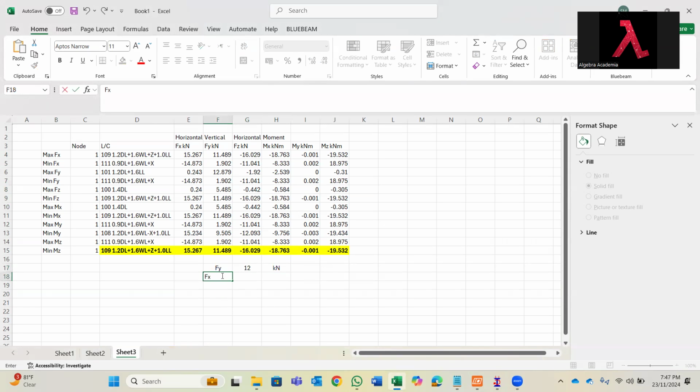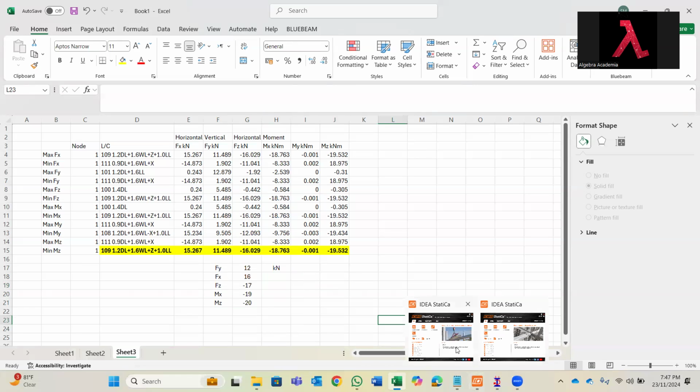Then Fx 16, Fz minus 17, max minus 19, Mz is what? Minus 20. Okay, minus 20. And going back to IDEA Statica.